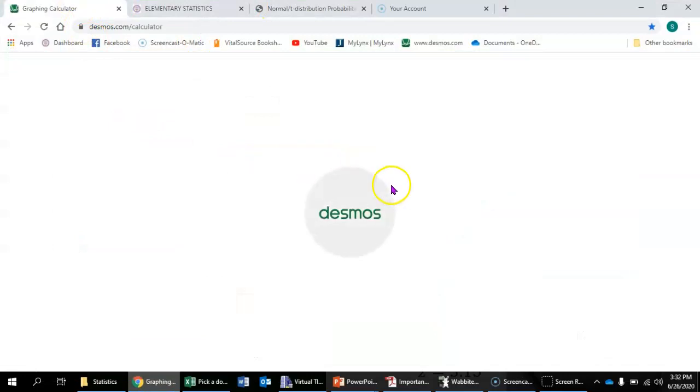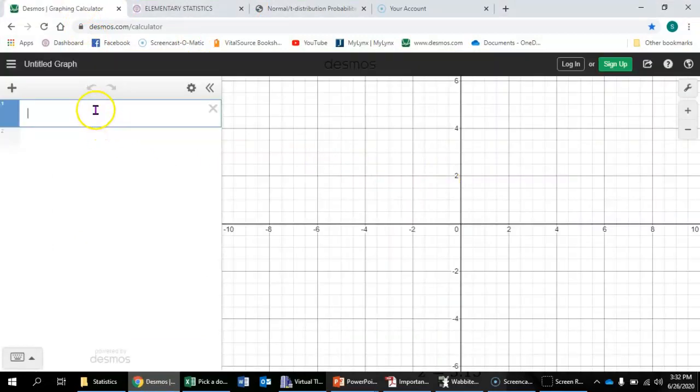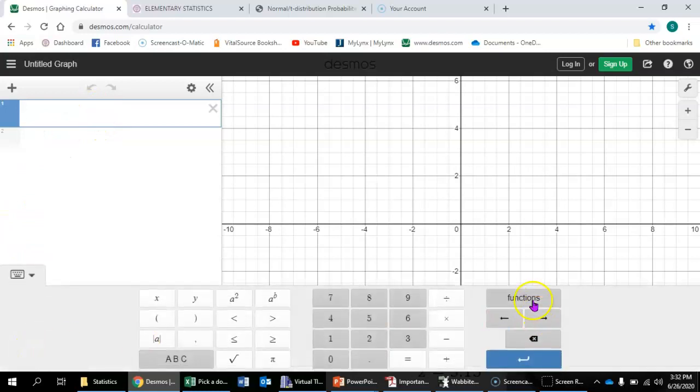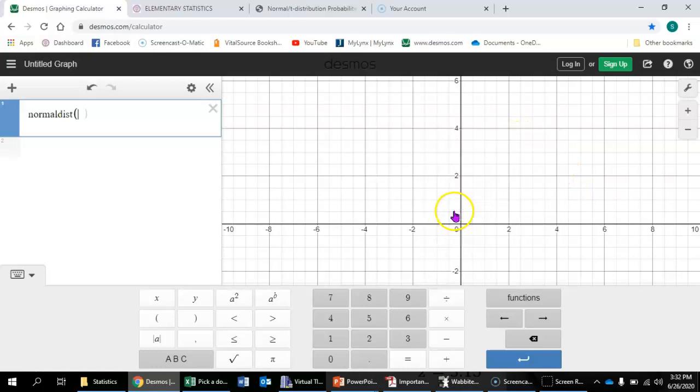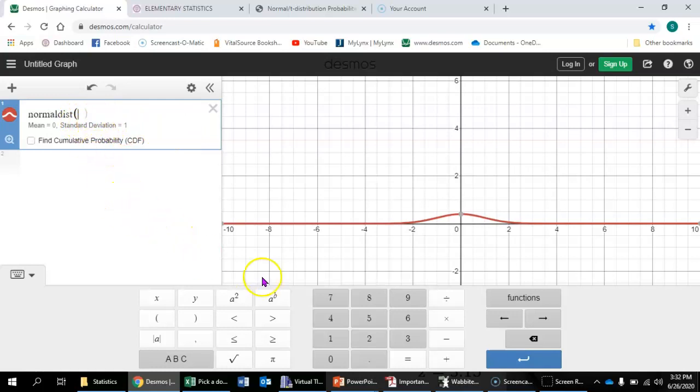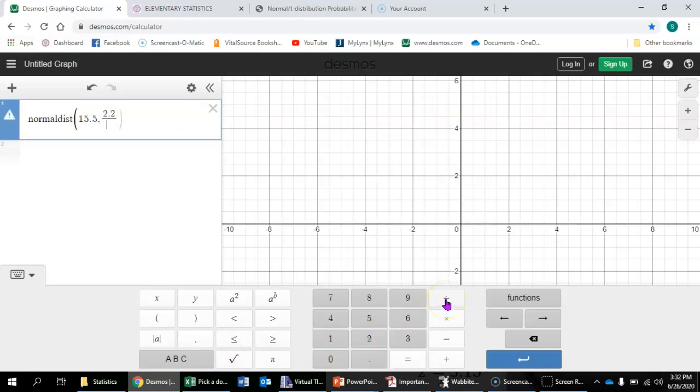If we wanted to use the Desmos app, go to the Functions menu, select Dist for distributions, select Normal Dist, and now in what comes up, I need to put in the two numbers for the mean and the standard deviation. So the mean was 15.5, comma, and then the standard deviation I'm going to put in as 2.2 divided by the square root of 12.